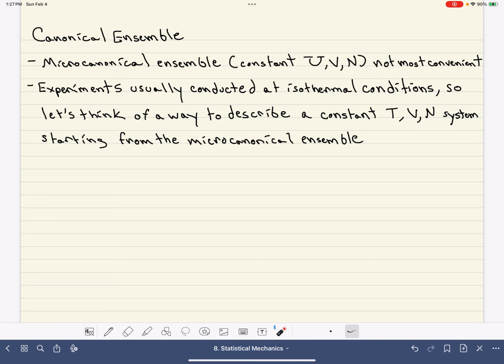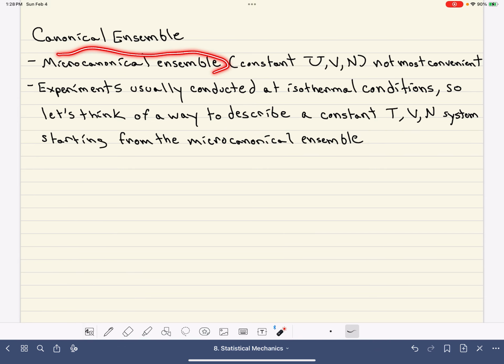And so rather than trying to describe a system in which U, V, N are the constant parameters, it may be a little more convenient to describe a system in which temperature, volume, and number of molecules are kept constant. In this sort of system, in which T, V, and N are the constant parameters, we refer to this as the canonical ensemble.